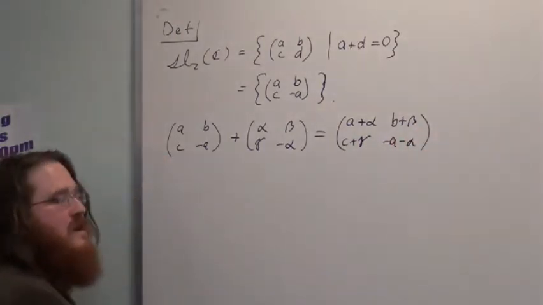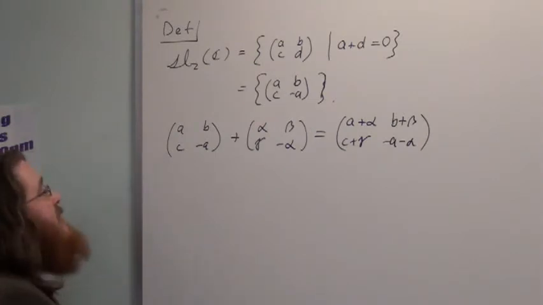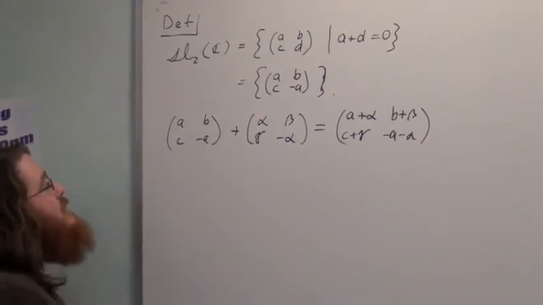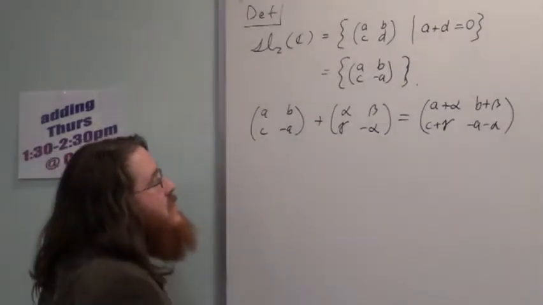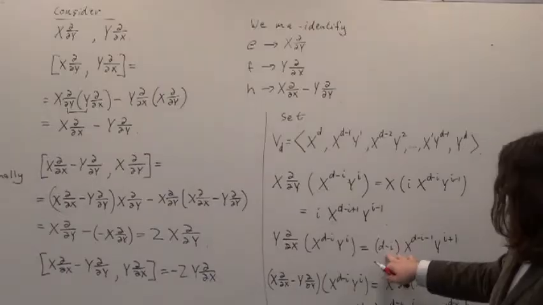Diagonal entries add to 0. But the thing is, we can't multiply them. So if you have two matrices such that the diagonals add to 0, their product doesn't have that property.